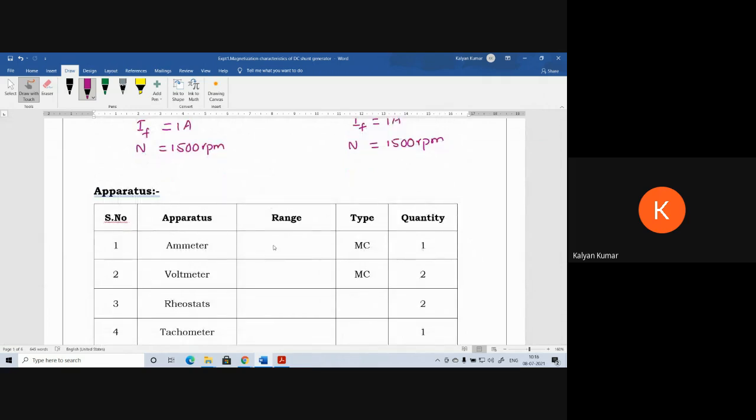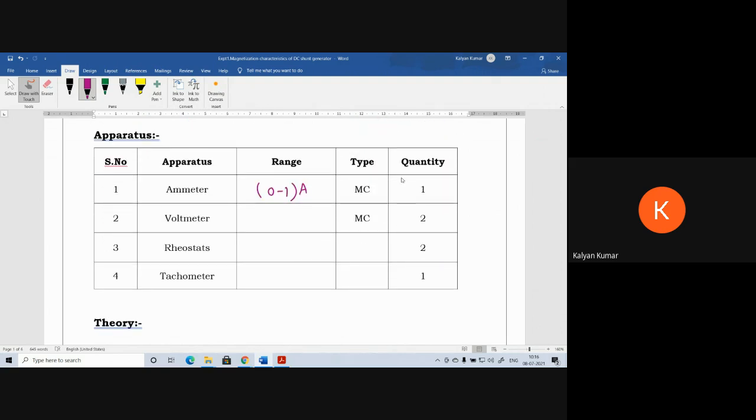Ammeter: we are going to use a 0 to 1 amp ammeter, one in quantity, of MC type, and voltmeters of 0 to 300 volts range. We are going to use 2 voltmeters, one in the field circuit and another in the armature circuit of the shunt generator. These are also of MC type. We are using 2 rheostats, one as a potential divider and another as a field rheostat.